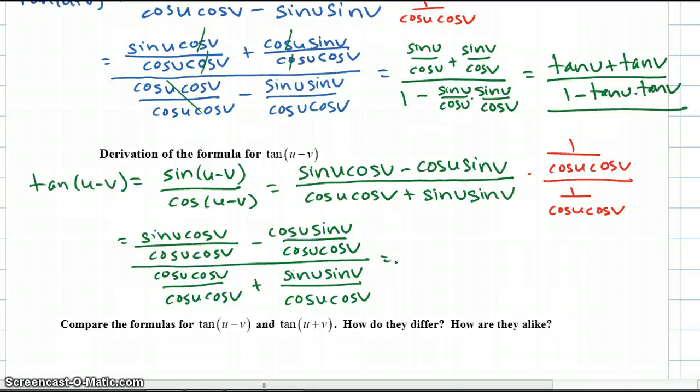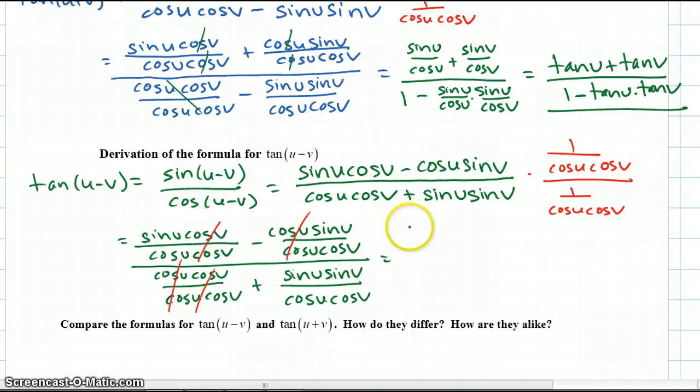And we can go ahead and remove our forms of 1. We've got cosine v's, we've got cosine u's. Whoa, what do we have going on here? Yep, we're good.